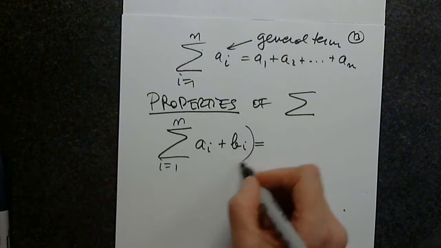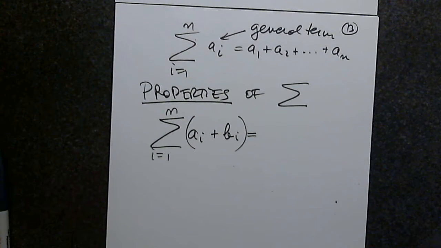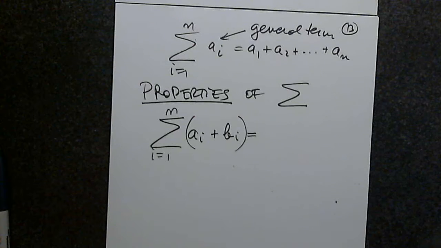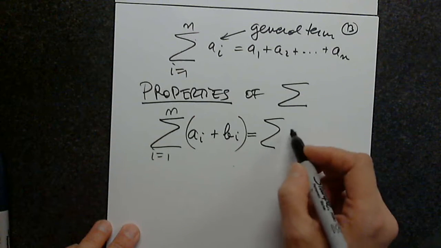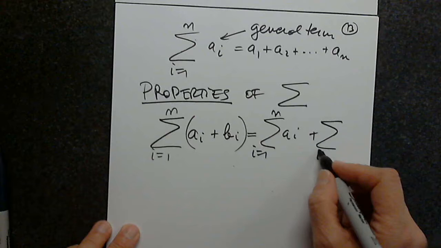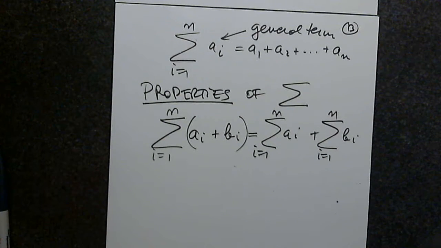What do you think this equals? Common sense. It's exactly like with the limit. The limit of a_i plus b_i is the same thing: the limit of a_i plus the limit of b_i. Same idea. So this is the sum of a_i from i equals 1 through n plus the sum from i equals 1 through n of the other generic term.